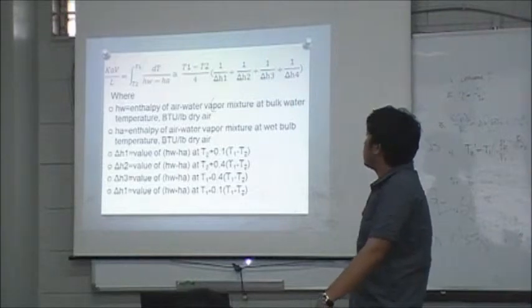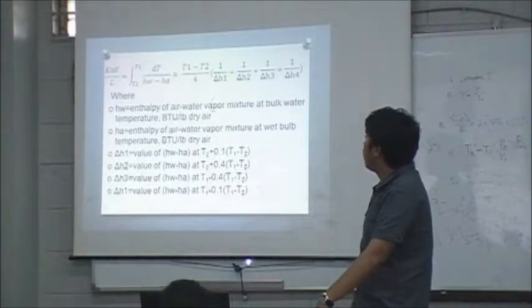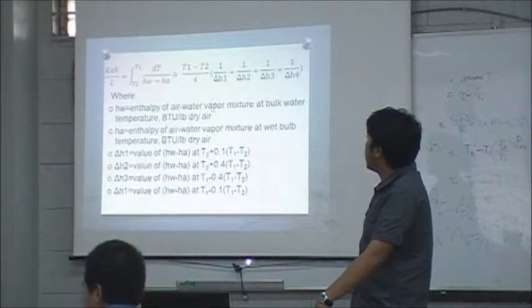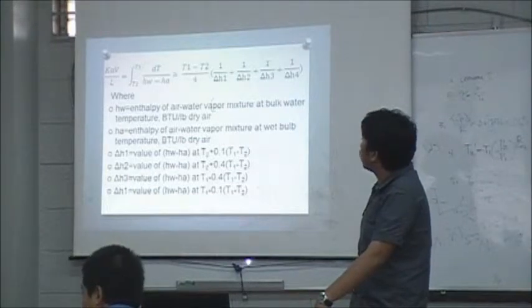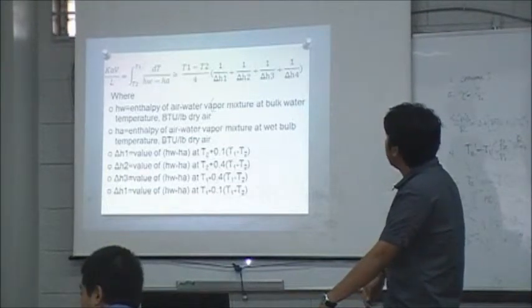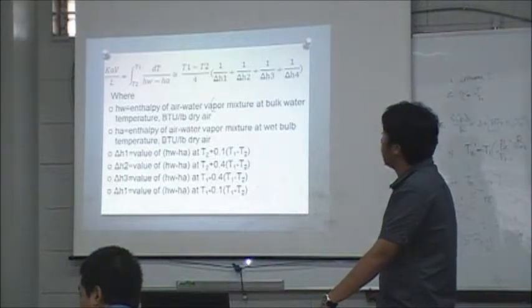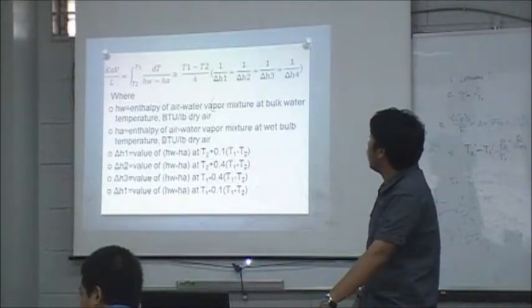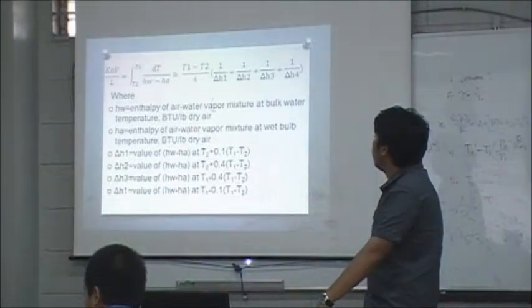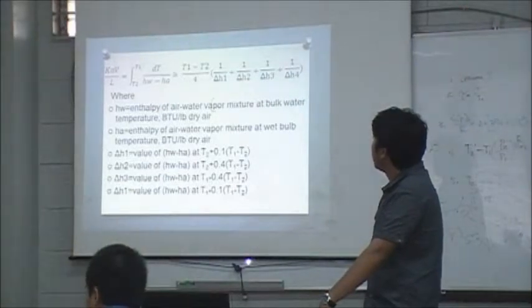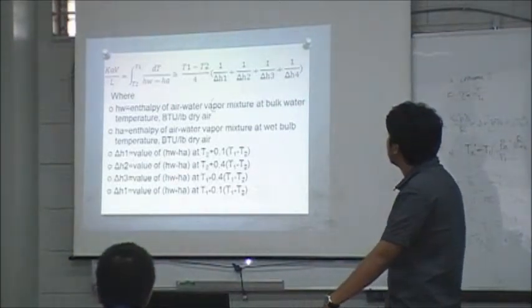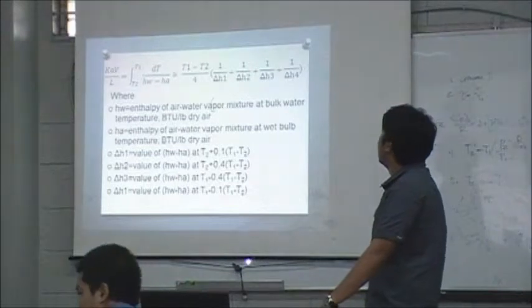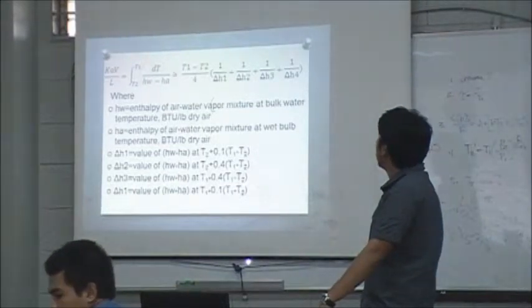KaV over L is equal to the integral of dT over Hw minus Ha from T2 to T1, which by the Chebyshev method is equal to T1 minus T2 over 4 times 1 over delta H1 plus 1 over delta H2 plus 1 over delta H3 plus 1 over delta H4.